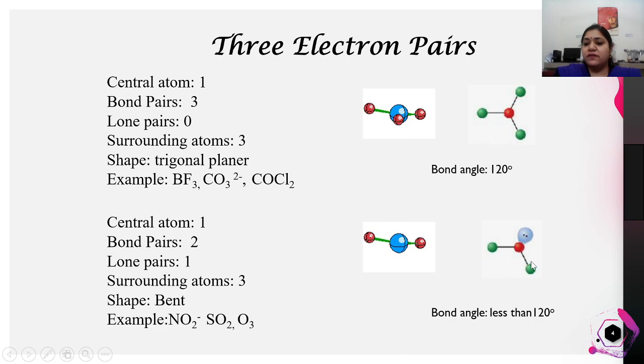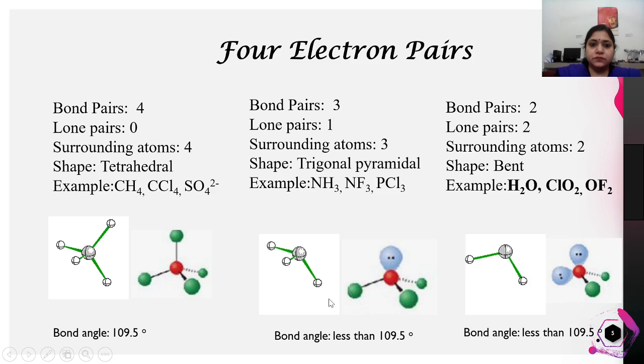So it will give a bent structure, and this bent structure has a bond angle which is less than 120, because normally it is 120, but as a lone pair is present, and you know that the repulsion between a lone pair and a bond pair is more as compared to between bond pairs, this lone pair repels these two bonds, due to which these two bonds come closer and the bond angle will be less than 120 degrees.